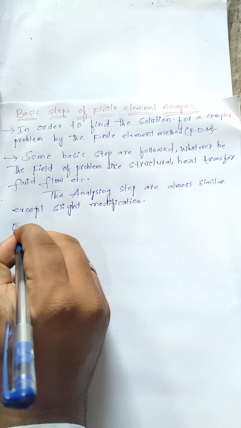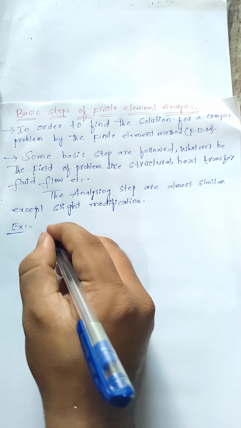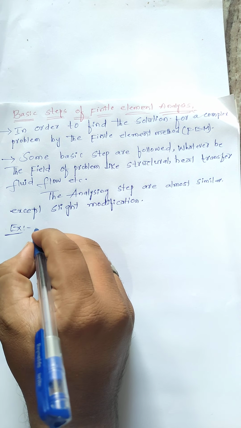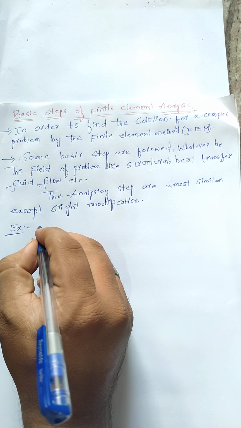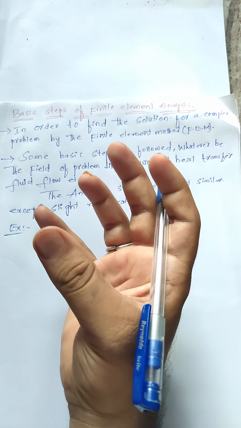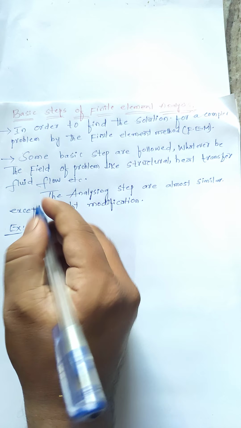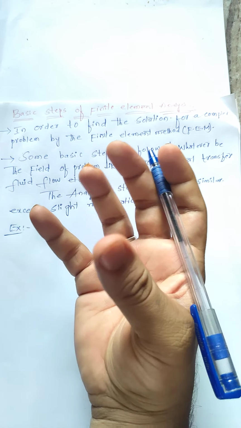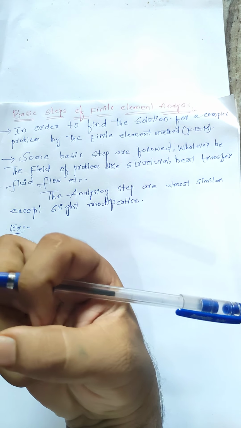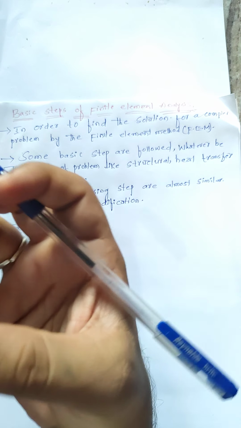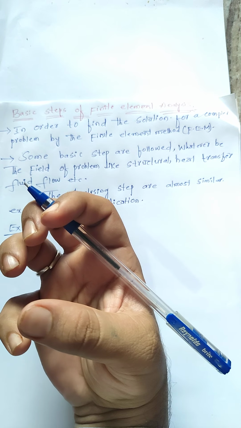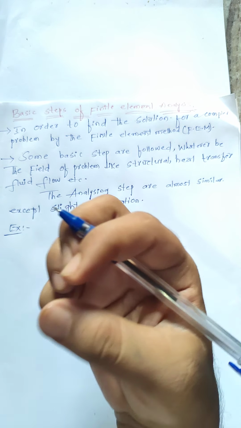For example, the first one is discretization of the structure. The general steps we need to adopt for analyzing a structural engineering problem, we need to discuss one by one.